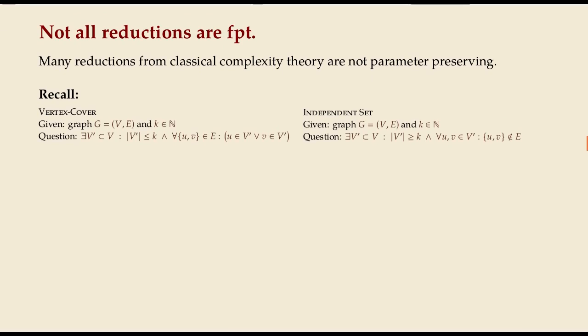And as an example, just to give you a simple one, let's consider vertex cover and independent set. So we've already discussed vertex cover. Now independent set, just to quickly remind you, is given a graph and a number k. Can we pick k such vertices from the graph so that there's no edges between these vertices at all?